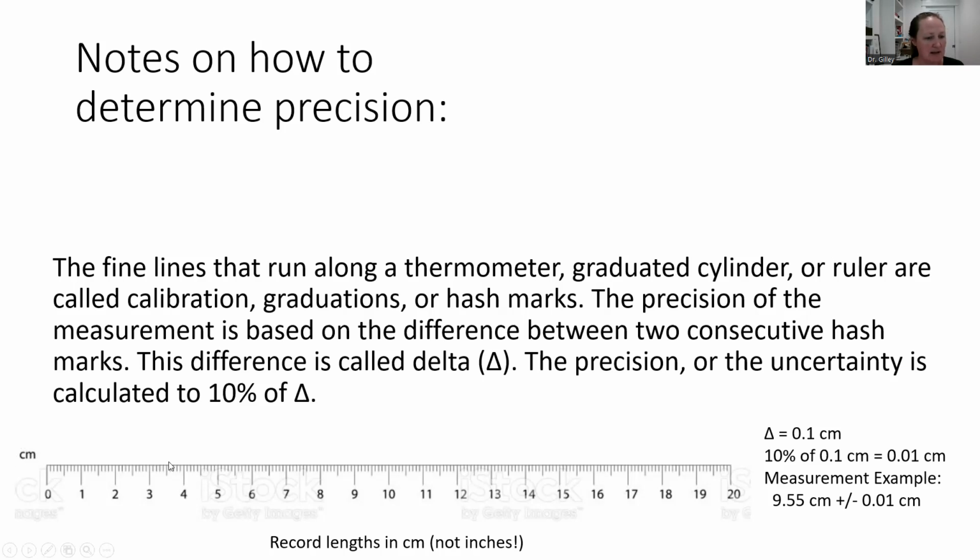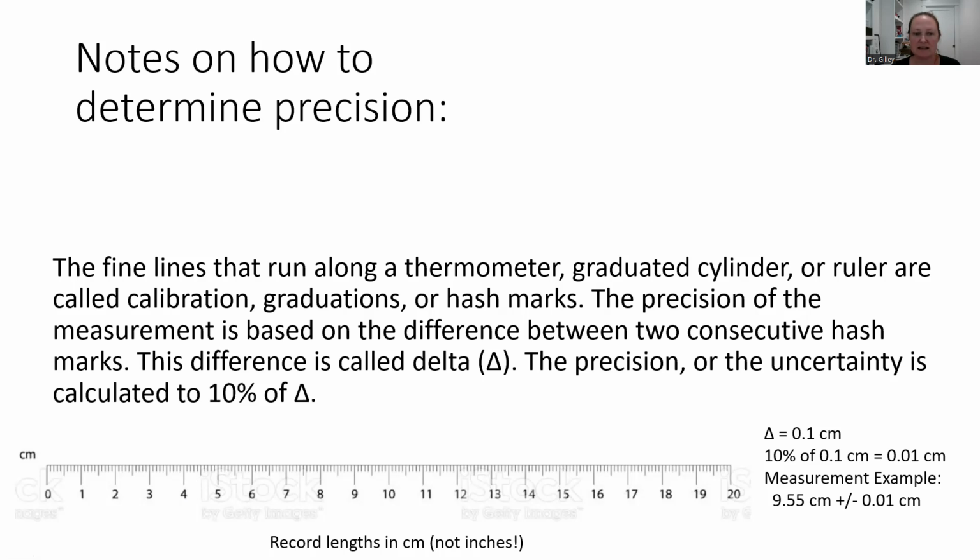Let's say we were measuring something, and we can tell it's more than 4 centimeters, but not quite 5 centimeters. But we actually have hash marks in between these two numbers as well. If we count them up, there's a total of 9, meaning we've broken this up into 10 pieces, so we can measure 4.1 centimeters, 4.2 centimeters, 4.3 centimeters, and so on.